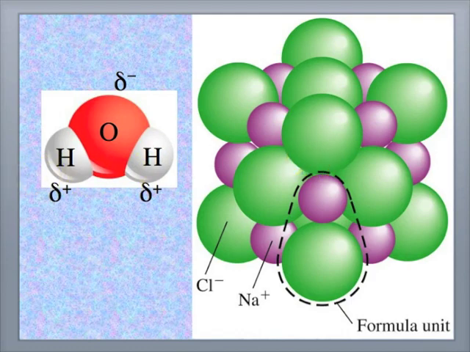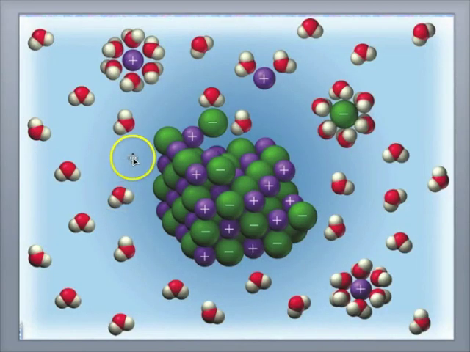Let's take a look at this particle view of it. We saw how the water molecule had a negative end, the oxygen side, and a positive end, the hydrogen side. Well, that makes water something called a dipole. If the positive side of the water molecule approaches a chloride ion, it sets up an attraction, and the chloride ion becomes surrounded with the hydrogen side of several water molecules.